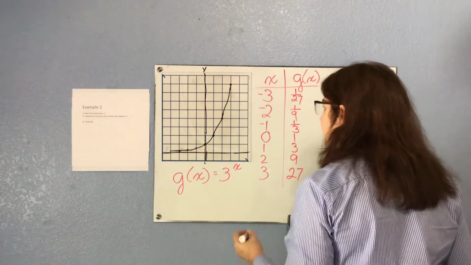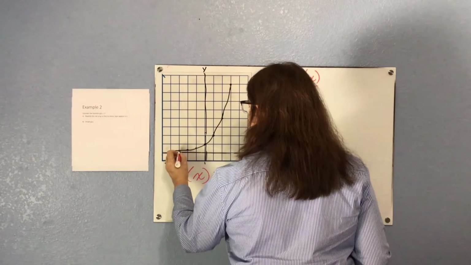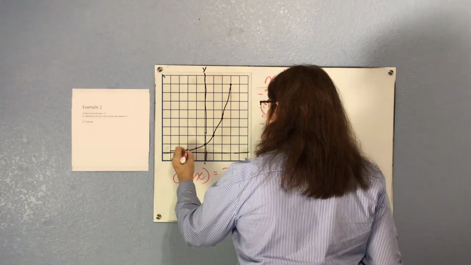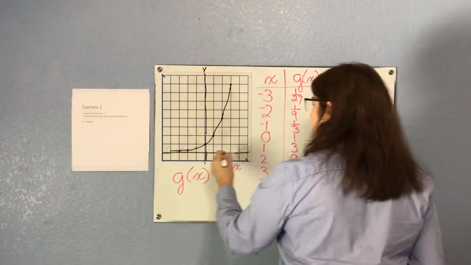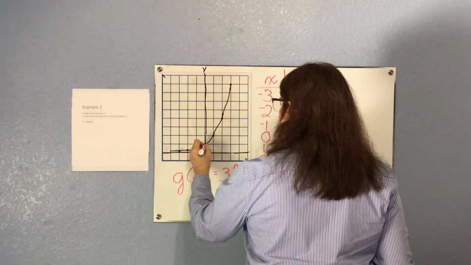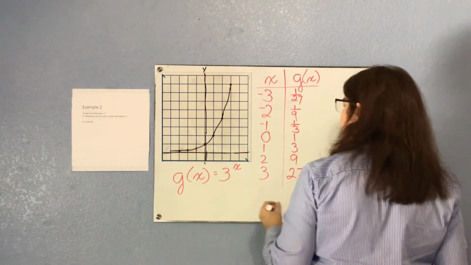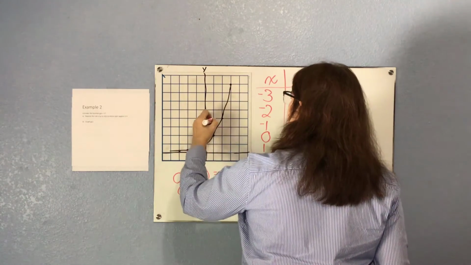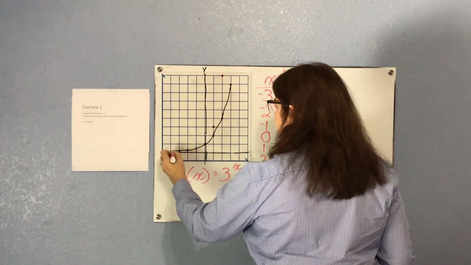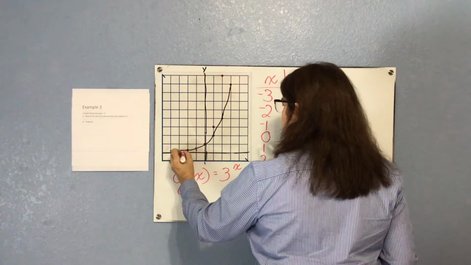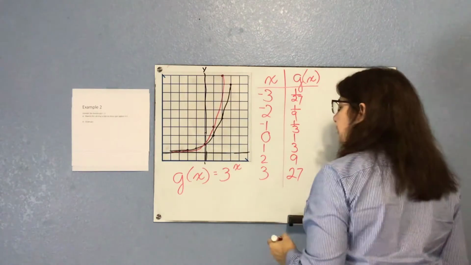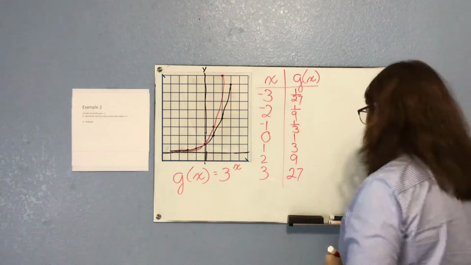Now I can graph some of that. 1 over 27 would be pretty close to the axis there. 1 over 9, not much more. 1 over 3. Still at 1 here. And then here I'd be at 3. And then at 9. And this last point I can't graph on this scale. I'd have a curve like this. So you can see it goes up a little steeper than 2 to the x.